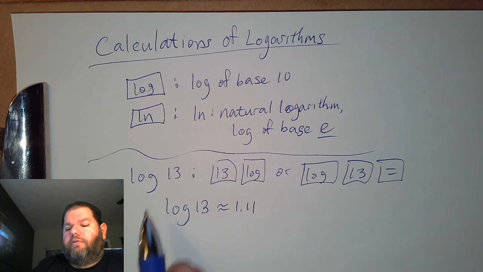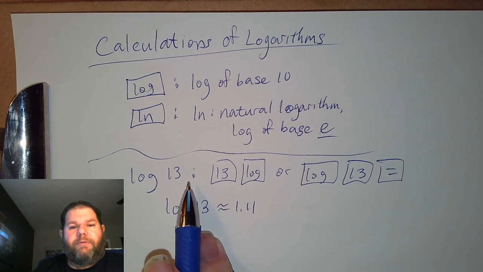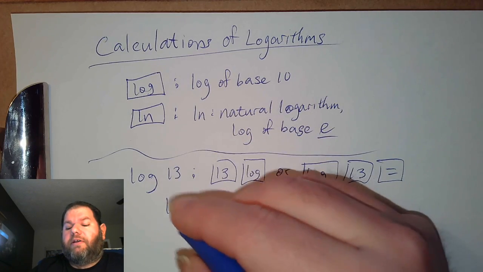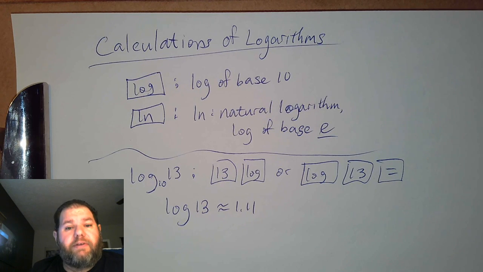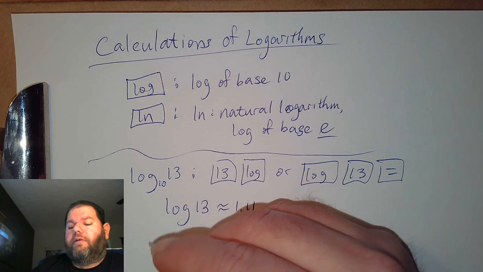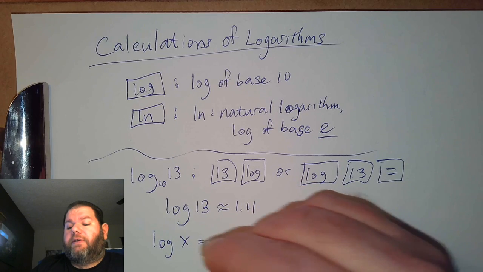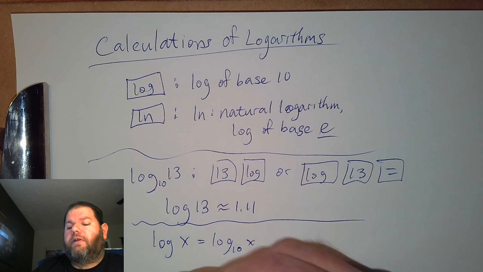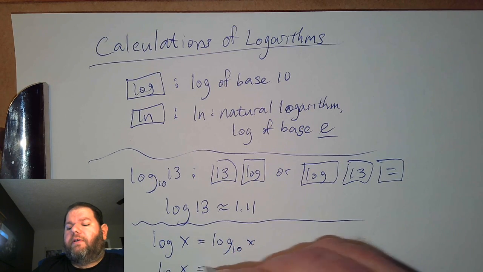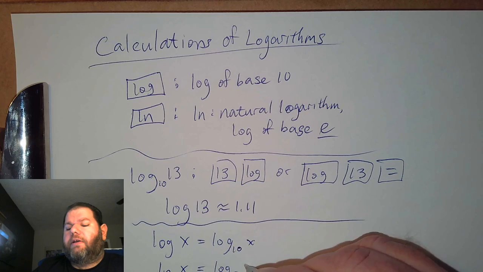I said log 13 here like it was nothing, but log 13 is actually log base 10 of 13. So that's another thing I needed to point out, that a logarithm without a base expressed is assumed to be base 10. So log of x is equal to log base 10 of x. ln x is log base e of x.